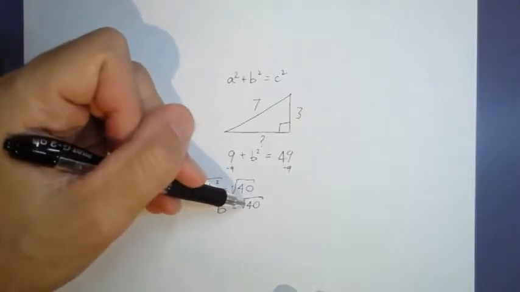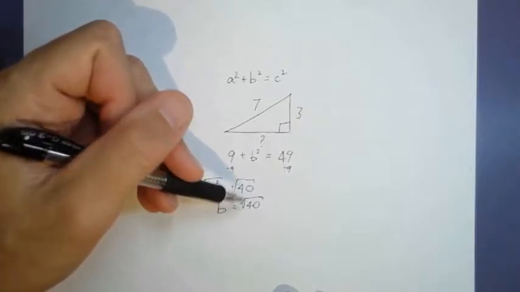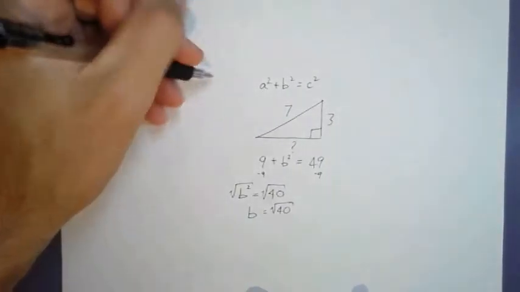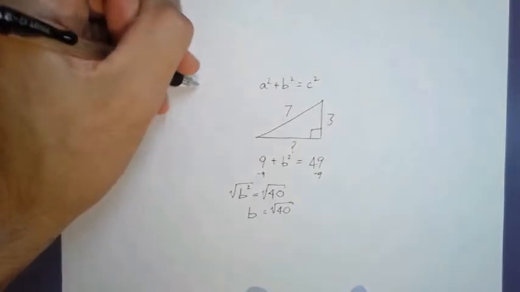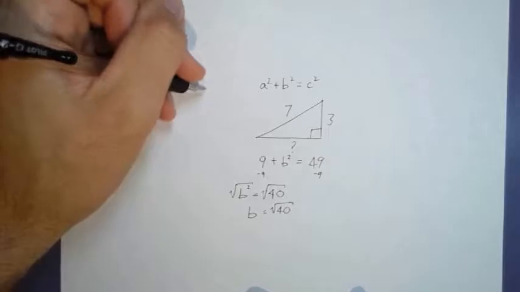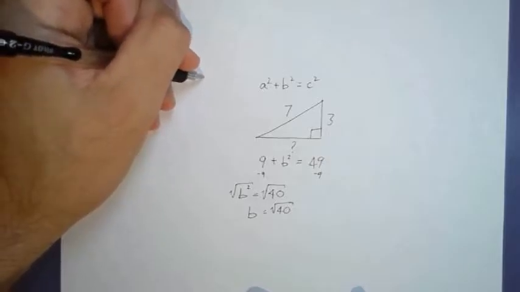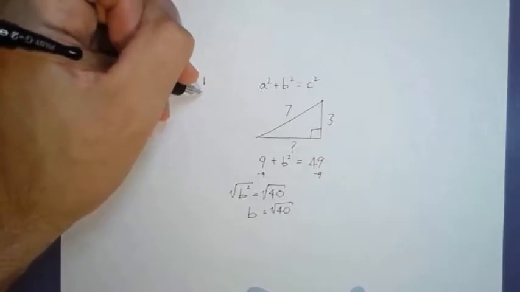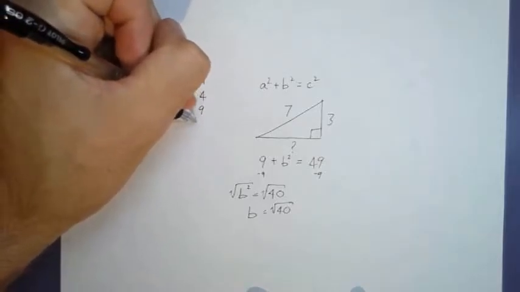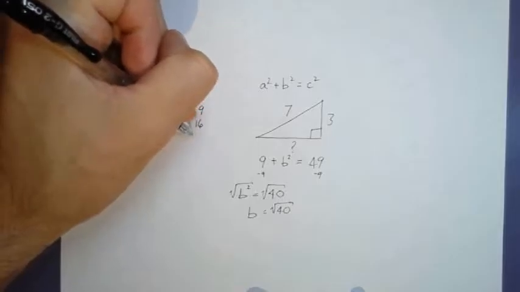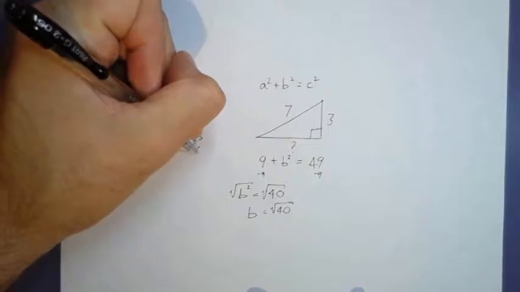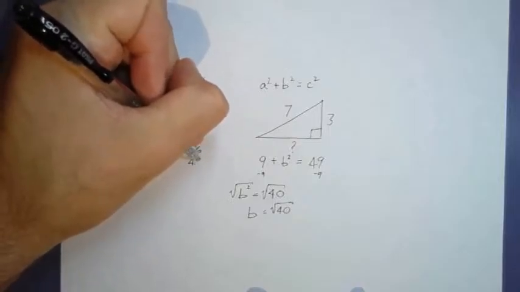If you recall your squares, they're pretty easy to think about if you just run through the numbers in your mind and square them. Just count from 1 and count up until you get as high as you need to be. 1 times 1 is 1, 2 squared is 4, 3 squared is 9, 4 squared is 16, 5 squared is 25, 6 squared is 36, 7 squared is 49.